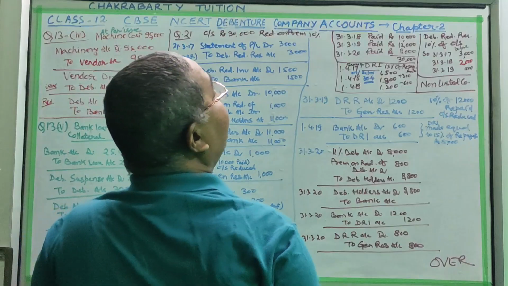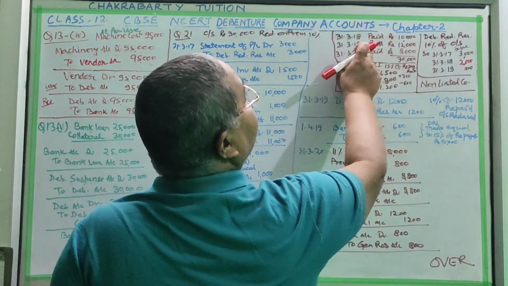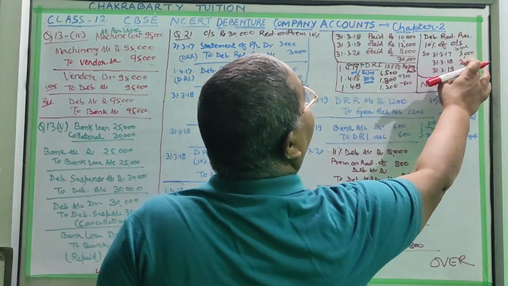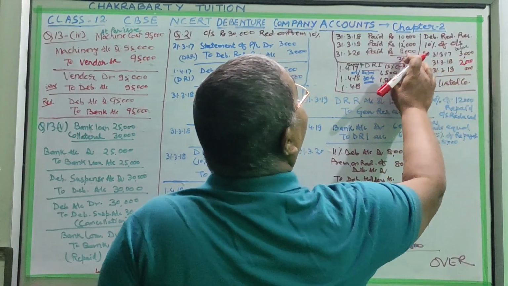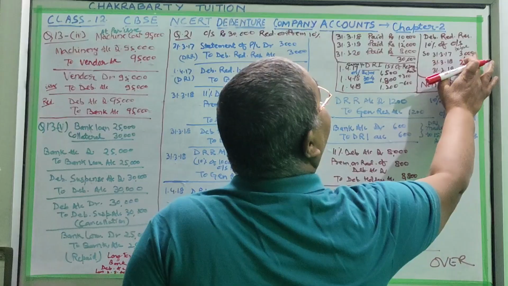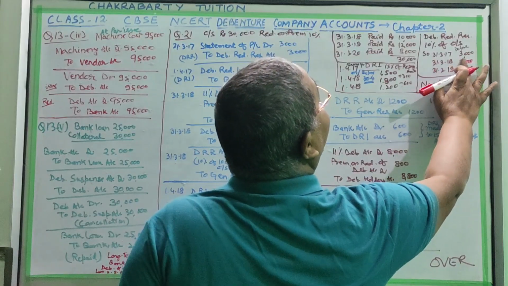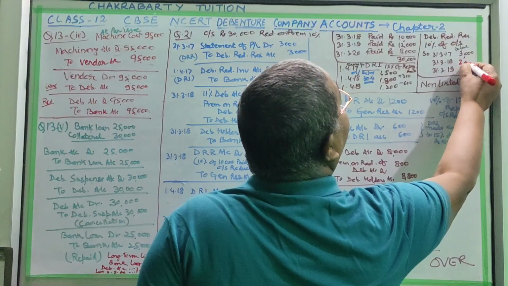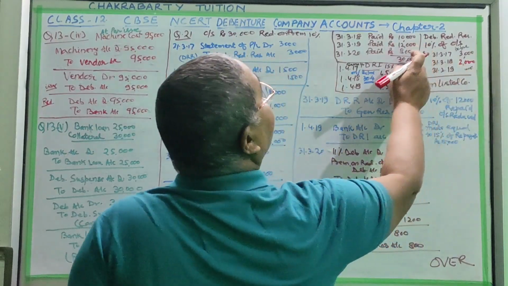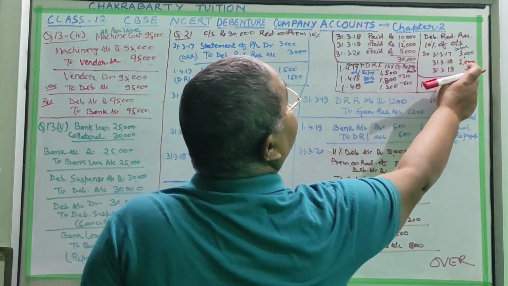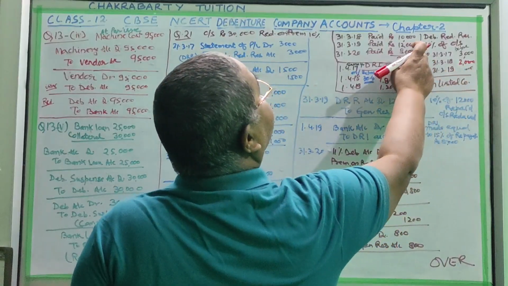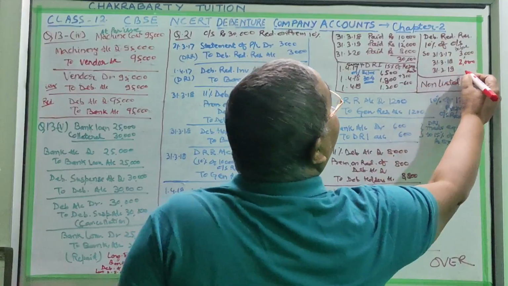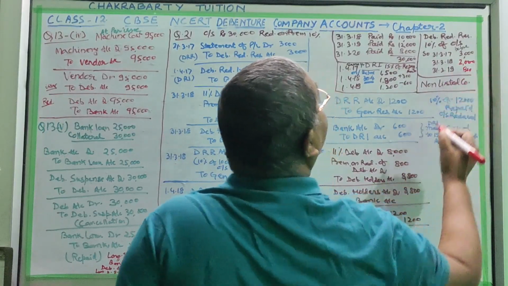Now after repayment of this in 19, you have repaid 12,000, so the outstanding will remain 8,000, which means only 800 will be required.